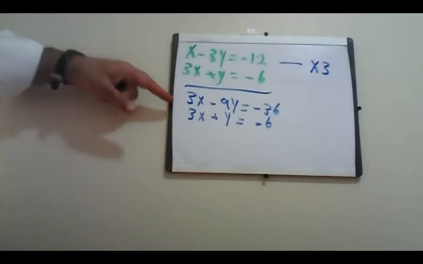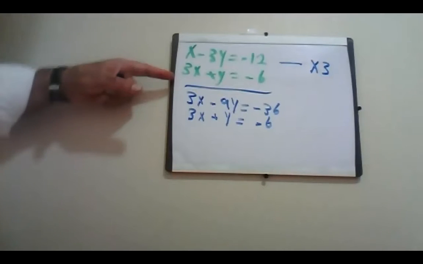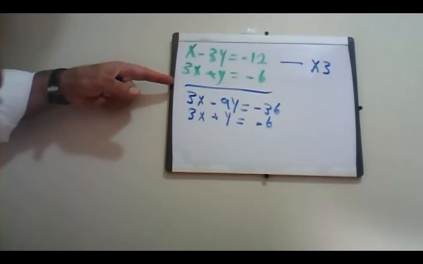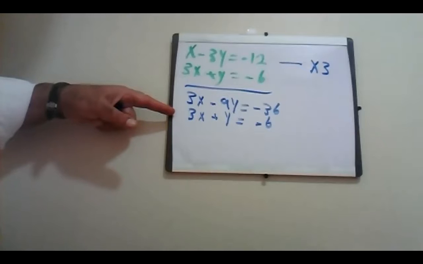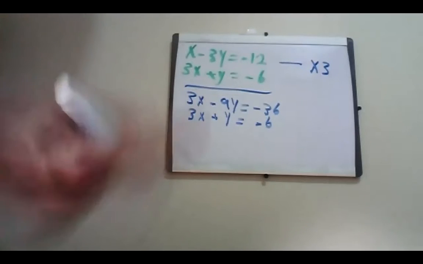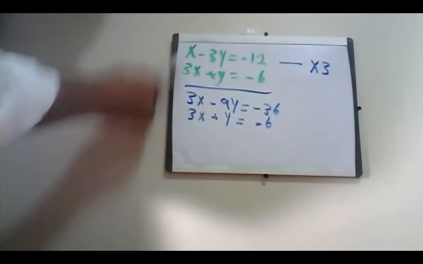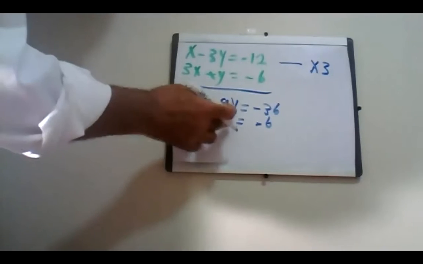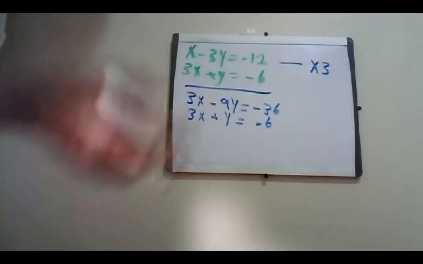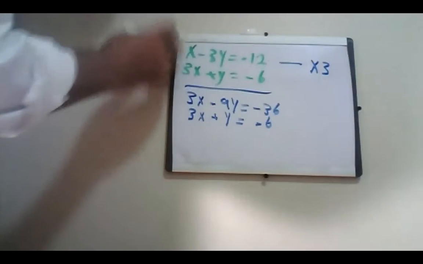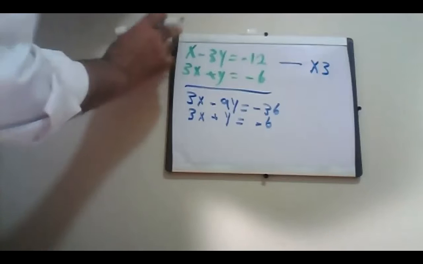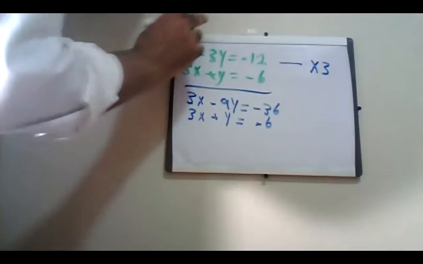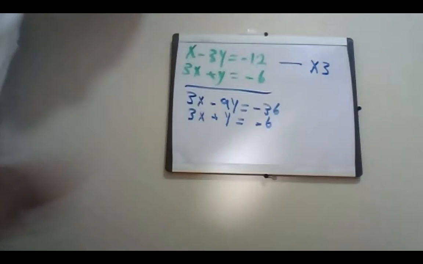It does not mean that because I multiply the first equation by 3 I have to multiply the second one. No, you multiply only one of them because you want the x's to be like each other. Some people will say, let's do it for the y. It's okay. The most important thing is that x should be similar or y should be similar.